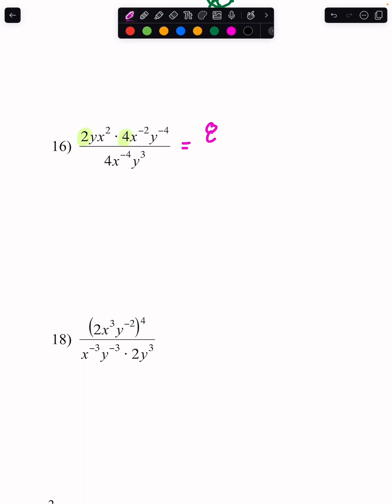And then I have, let's say I have an x squared here and a negative x squared there. That's going to become x to the 0. And then on the top, I have, let's go with this y and these.